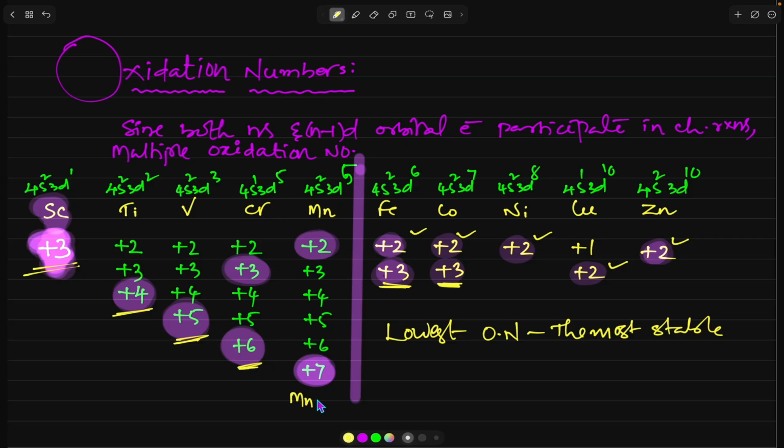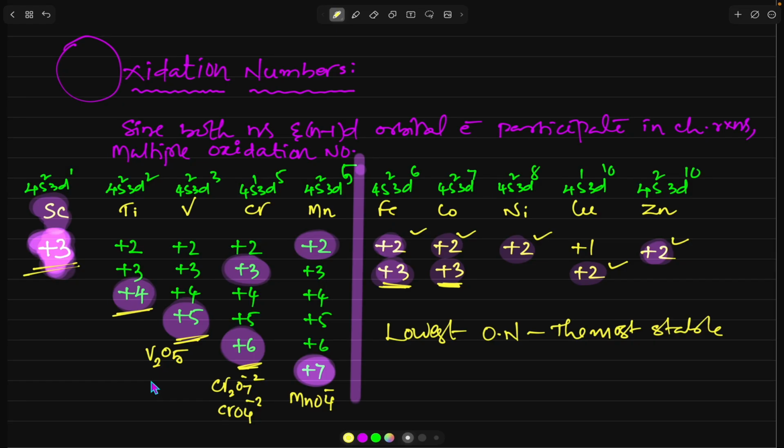Example, MnO4 minus, potassium permanganate. For chromium, you have Cr2O7 2 minus and CrO4 2 minus, K2CrO4. In these cases, +6 is stable. In vanadium pentoxide, V2O5, it is the +5 oxidation number.